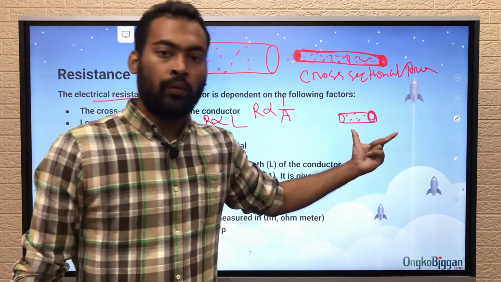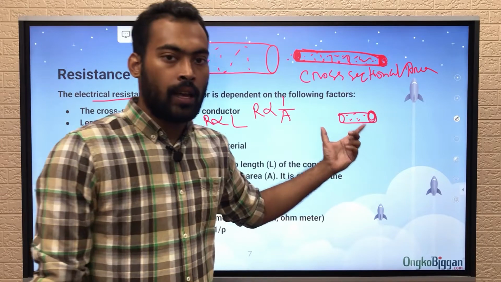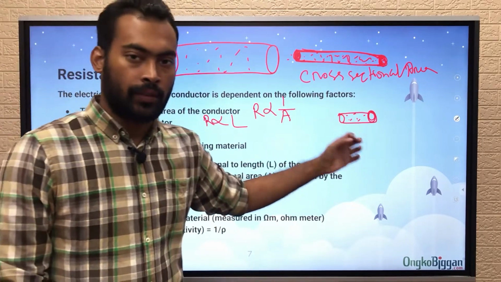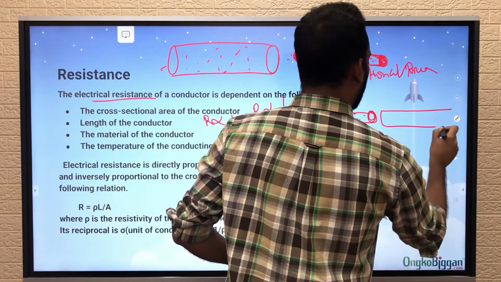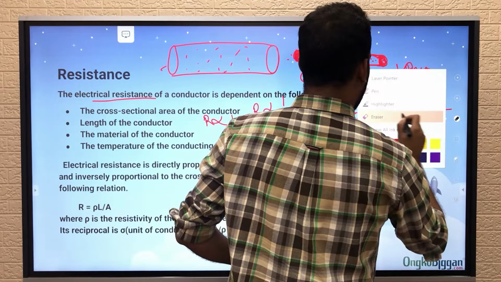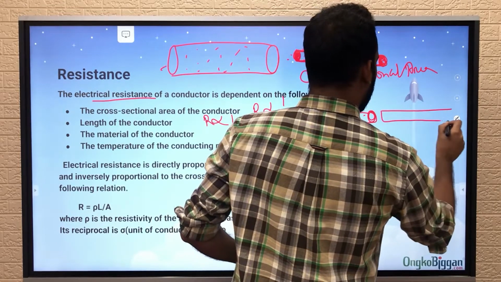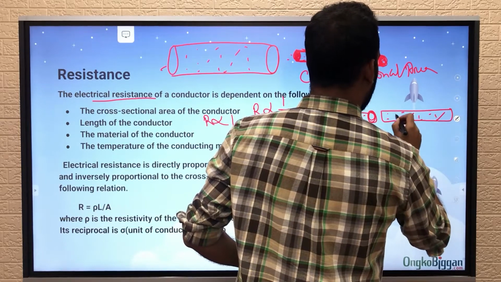So the amount of resistivity within this conducting wire is a certain amount, right? But when you have a larger length of conducting wire, see, you have more resistivity within it.